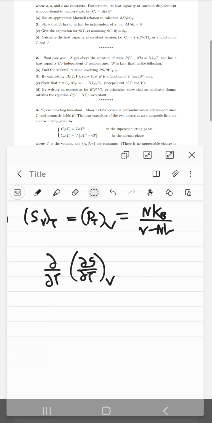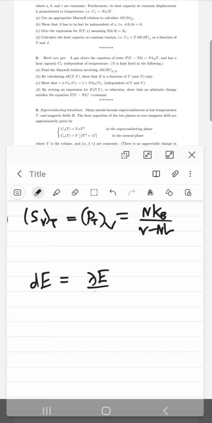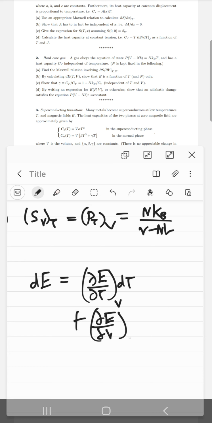Oh, I see. So this makes sense. Using dE as a function of temperature and volume, you can just say that dE is partial E by partial T at constant volume times dT, plus partial E by partial V at constant temperature times dV. Sure.